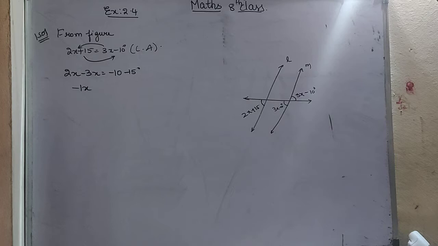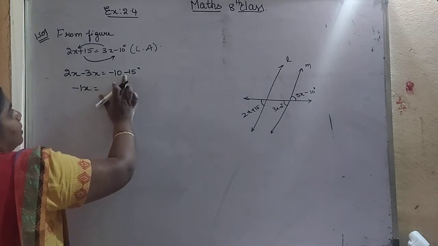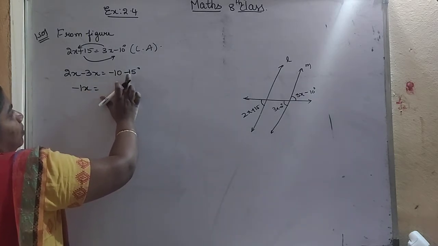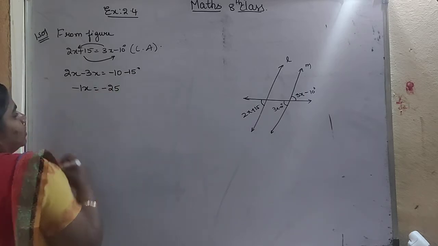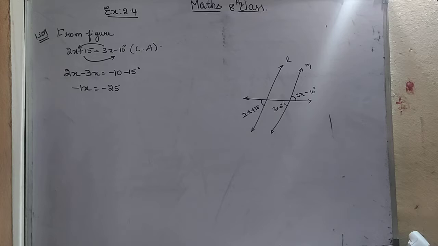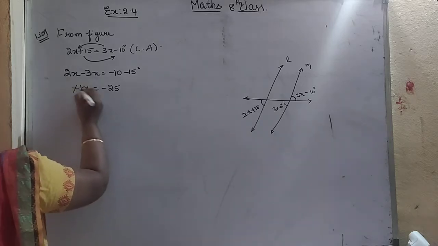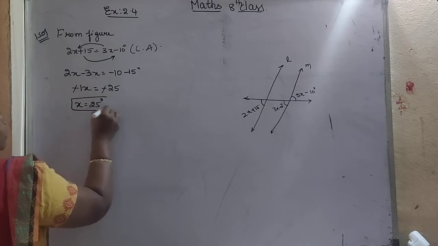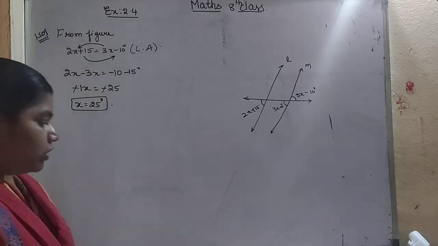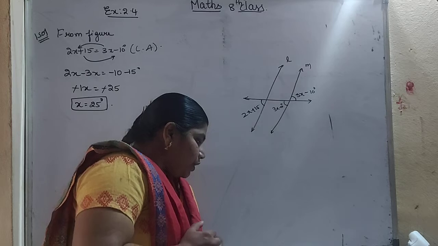That will be minus 1x is equals to, minus 10 minus 15 will be minus 25, the bigger number sign is minus. So we got minus 1x is equals to minus 25. So minus minus will get cancelled. So x value is how much now? 25 degrees. So this is our first solution in exercise 2.4.